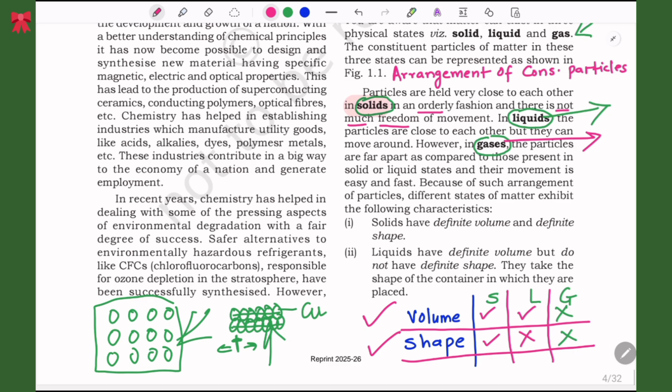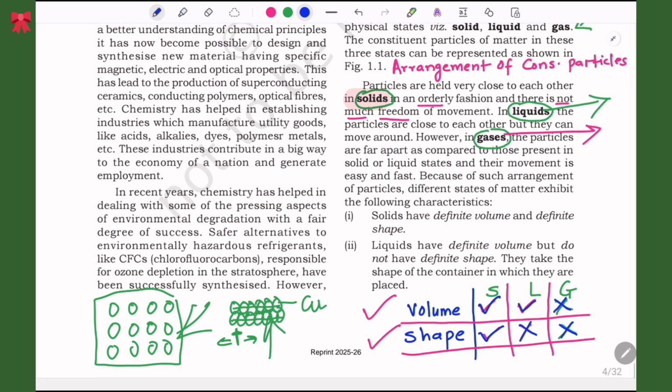This table will help you understand that in a solid the volume is fixed and the shape is fixed, whereas in the case of liquids the volume is fixed but the shape is not fixed. Whereas in gases, neither the volume nor the shape is fixed.